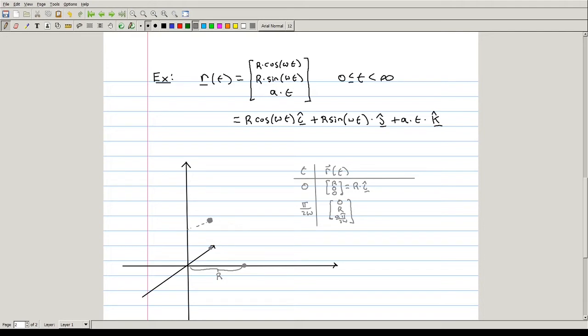And it's not too hard to see that if you continue to connect the dots for any and all other values of t, you get a curve that looks like this. And similarly, if you continue to fill out this table, you will get the following sort of picture.